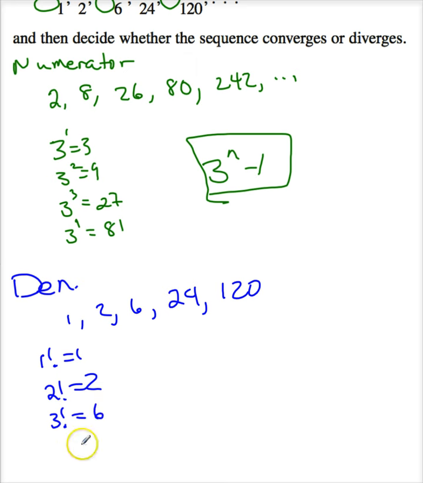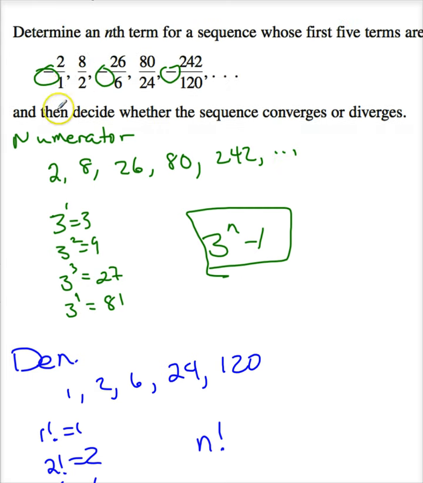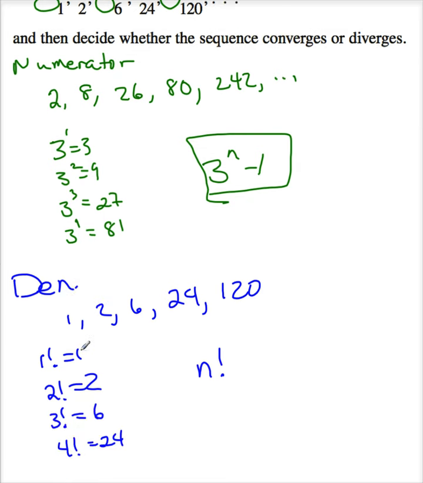This is looking good. 4 factorial is 24. Lo and behold, it's a factorial. So I can write the denominator as just n factorial. Now I also have these negatives in there. And I see the first term is negative, the second term is positive, the third term is negative, etc.